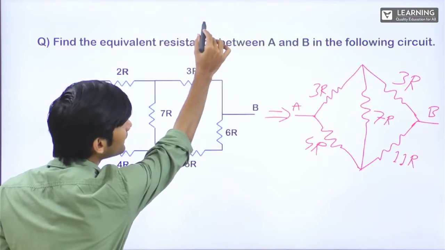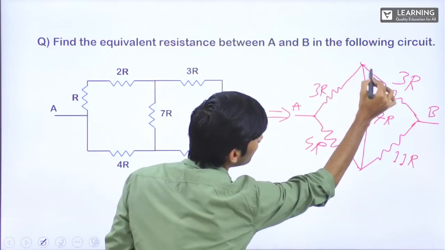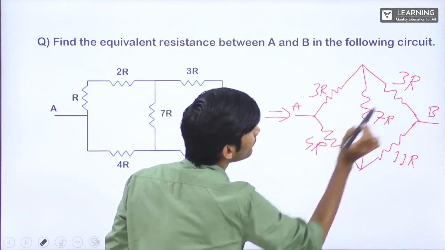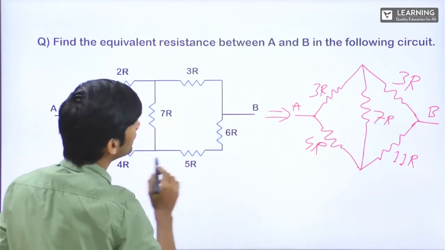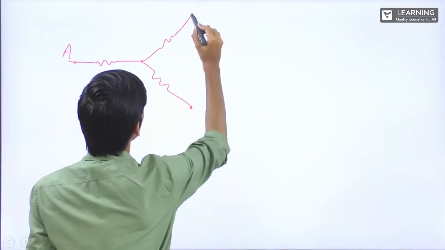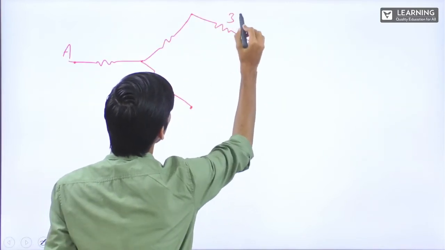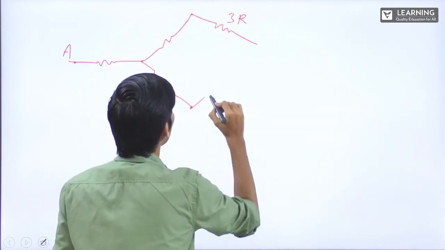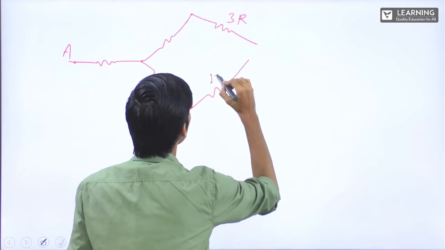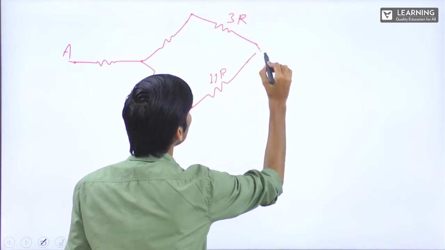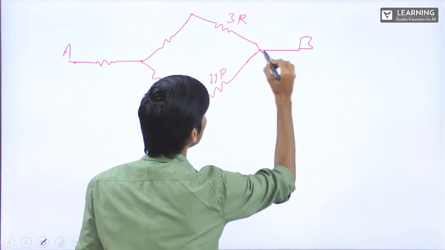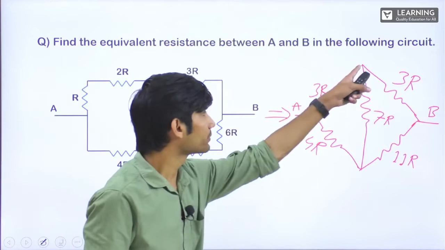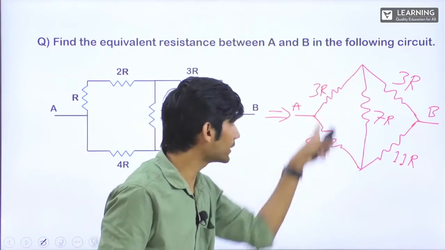That point is connected to this resistance, right? Three R. So this will be 3R. This point is connected to 11R. This will be 11R. Then these two are connected to B. This is point B only, right? Now don't tell this point is connected to 7R. This delta only I have converted to star.